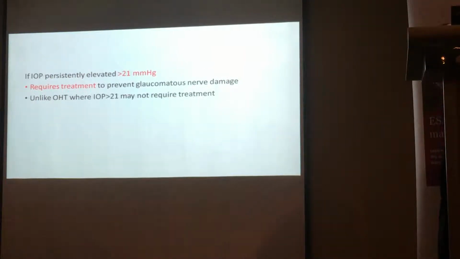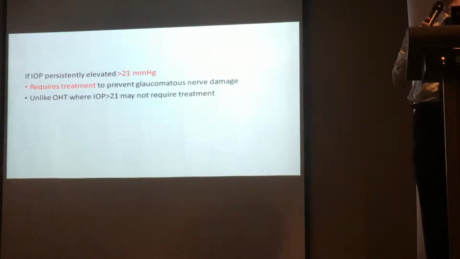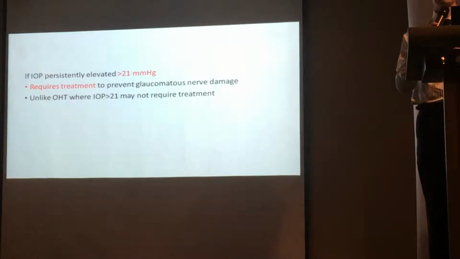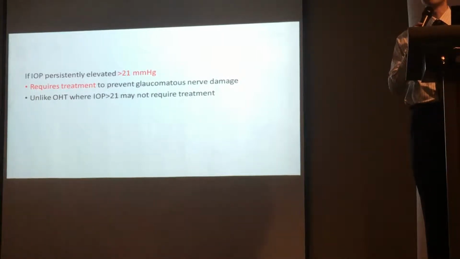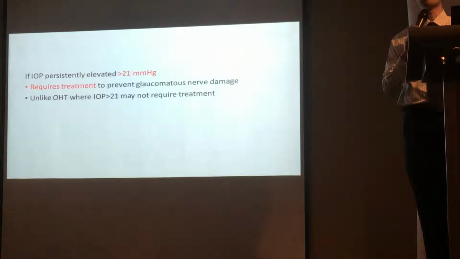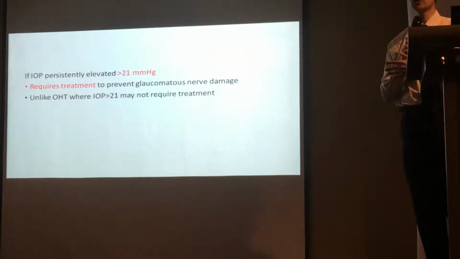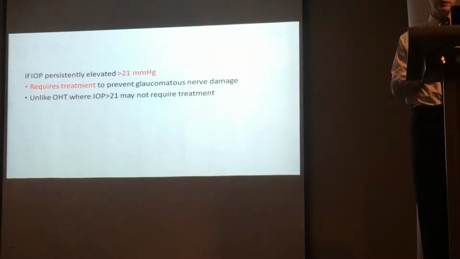Now, one of the things which we need to be clear about in glaucoma is that certain terms which apply to primary high pressure situations like ocular hypertension, like POAG, are very different from when you have high pressure in a secondary glaucoma condition.